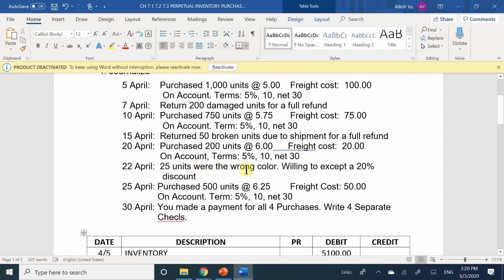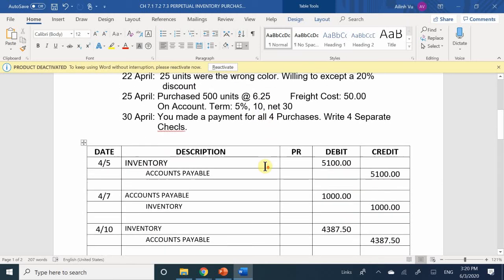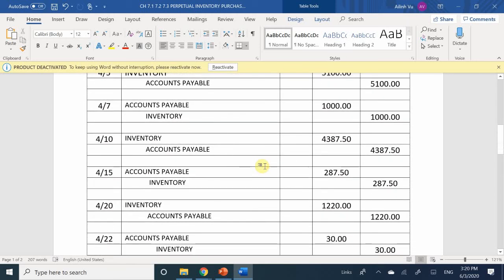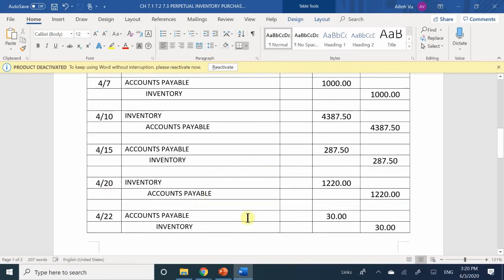So let's go ahead and calculate that before we calculate the 5% discount. Here on April 20th, the original amount that we started off with was $12.20. Because we received a generous 20% discount here, which was 30, what's the new amount that we owe now? $11.90.